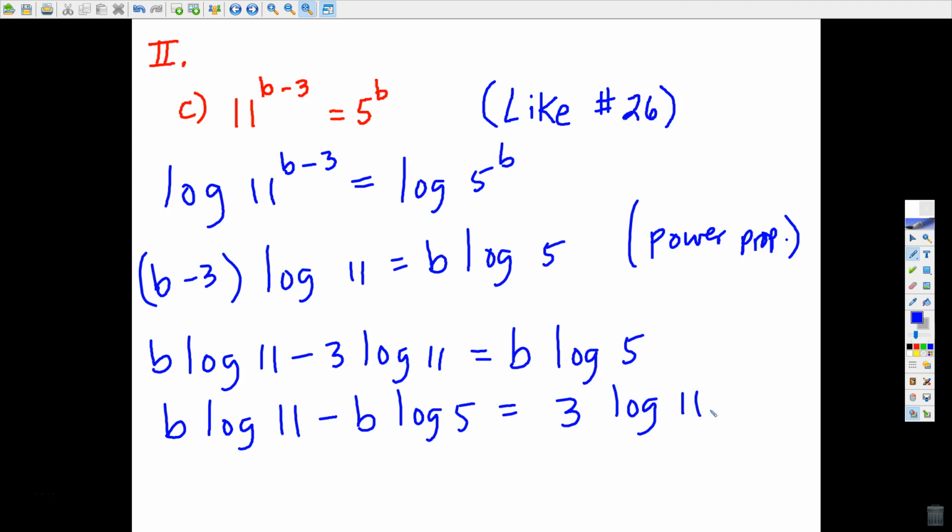The reason for getting my b terms on one side is because now I can factor. Remember GCFs? Well, if you look at the left side, these two terms have a GCF. Well, what is it? b. So let's factor out b, and when we factor out b, we're left with log 11 minus log 5 times our GCF of b.